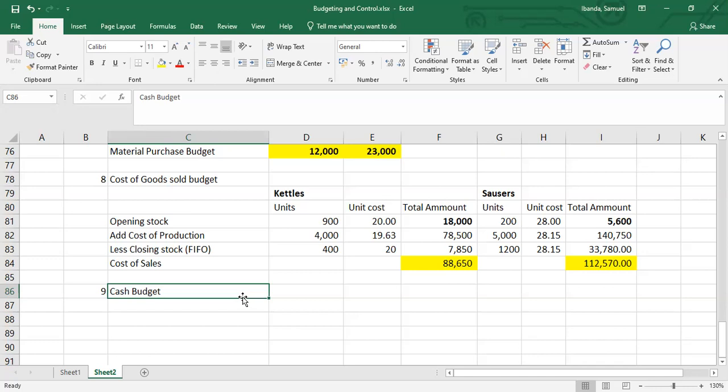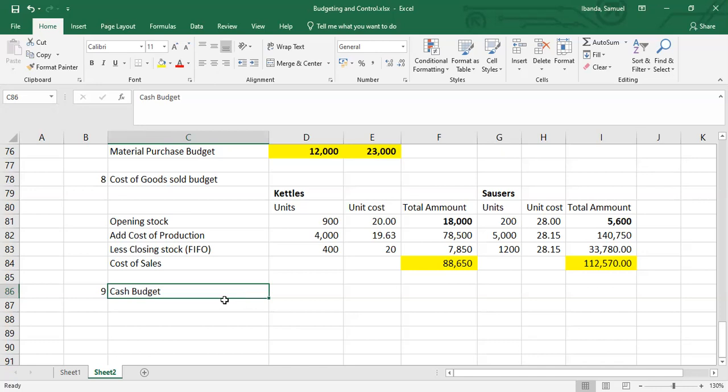And then we shall include any other information that we've come across along the way. They gave us receipts from customers, I think 70,000 for quarter 1, 100,000 for quarter 2, and 40,000 for quarter 4, and then they gave us the respective payments. So we are going to use the same information to start.